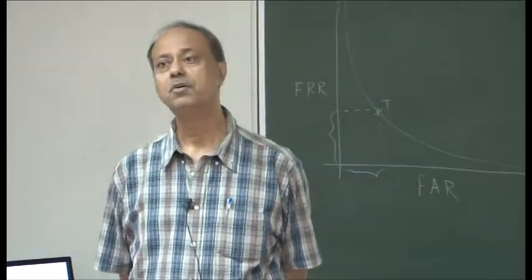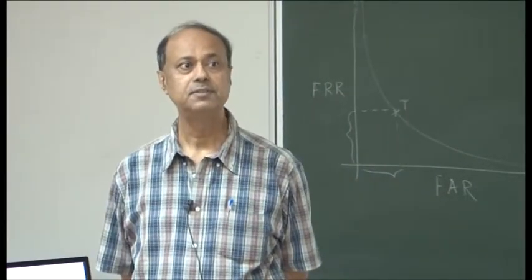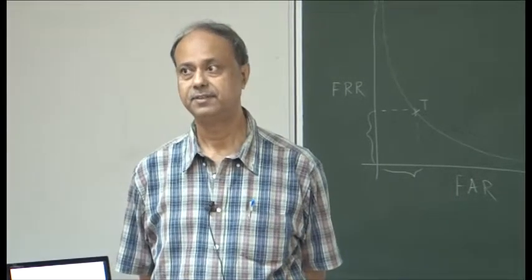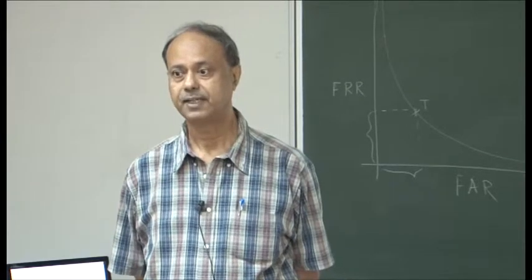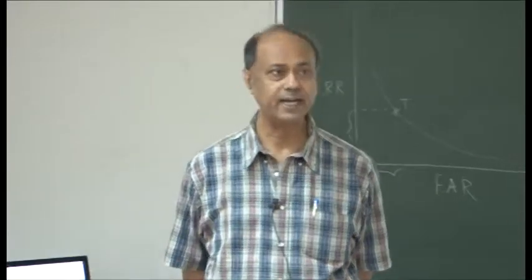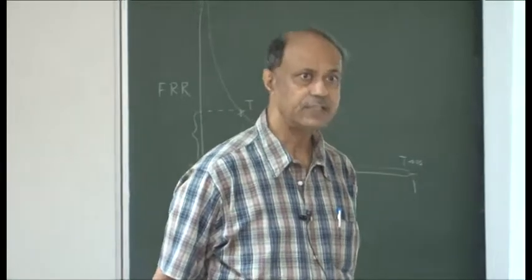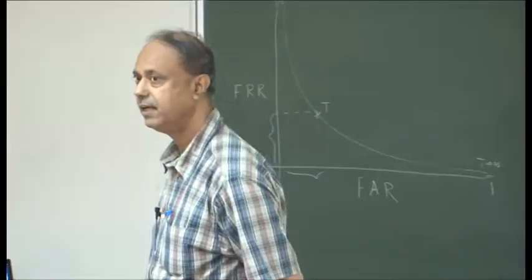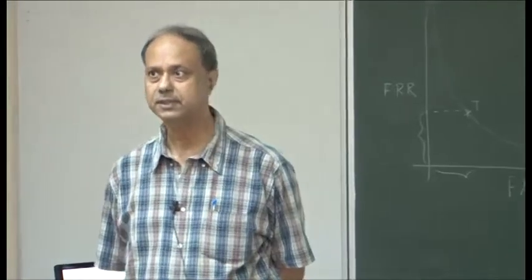Can you draw the ROC curve? Can you draw the DET curve? Can you think about it? And if you cannot, then let me know. In that case I have to explain a little further, and if you say, sir, it is possible, then I will not.